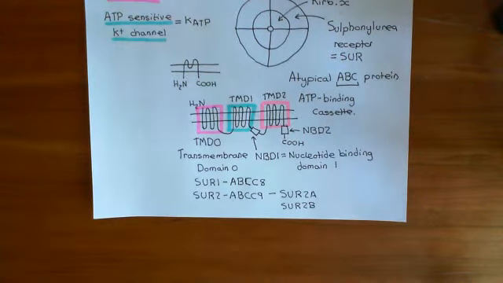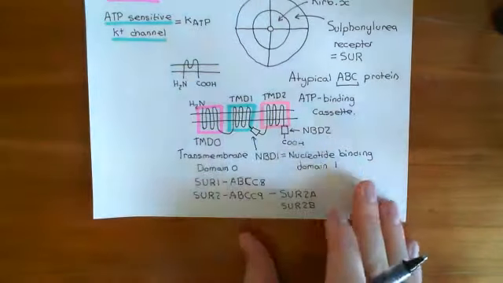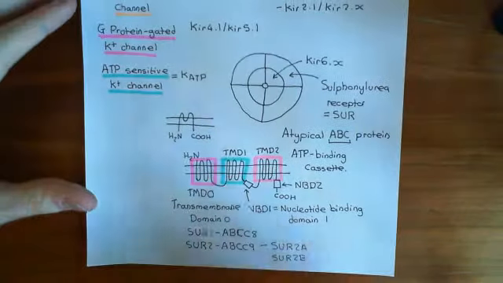Okay, right, so let's now talk about the form that is in pancreatic beta cells, okay? But just before we talk about that, actually, I want to continue talking about ATP-sensitive potassium channels in more general terms, okay?